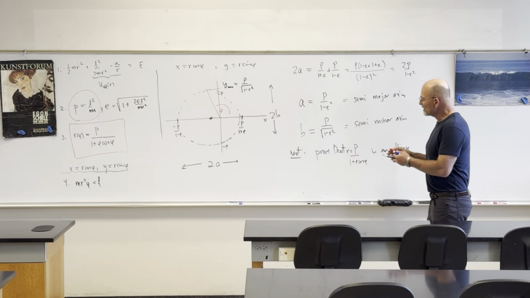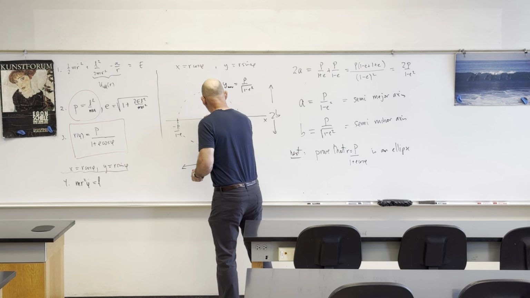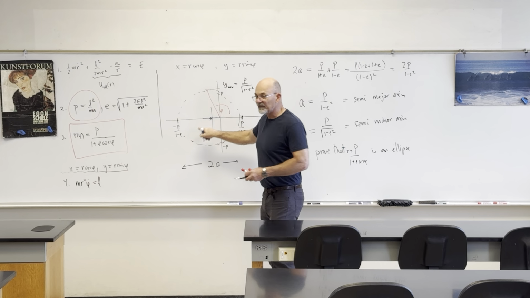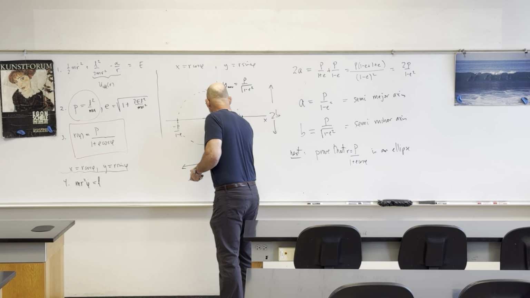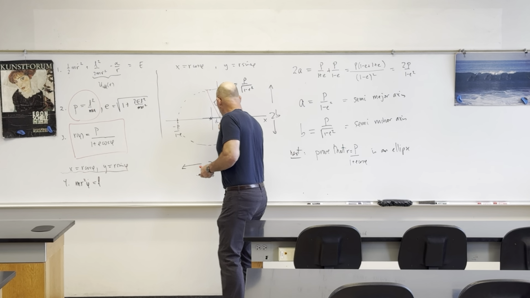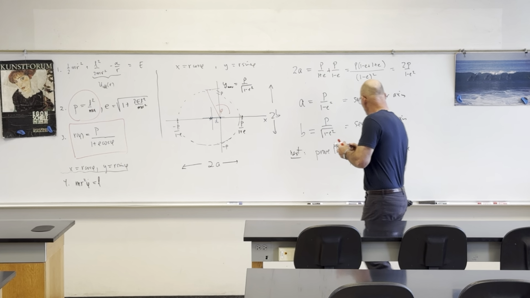Now the equation of the ellipse that we're used to has to be centered right there on the geometrical center. So I'm going to name this little thing d for the moment. This d is the distance from here to the actual geometrical center of the ellipse.